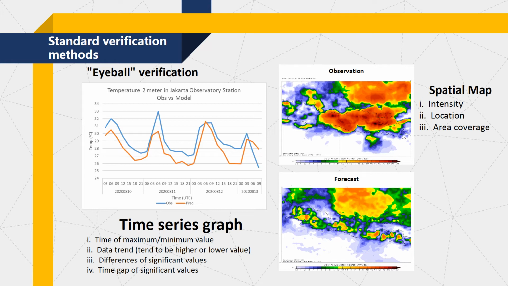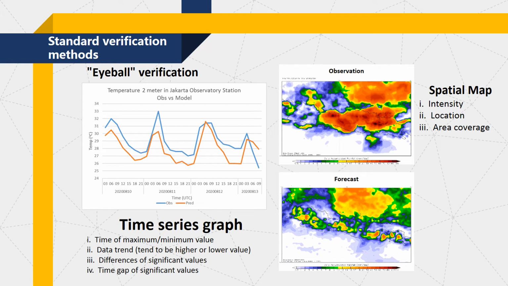It is different from the first point about time of maximum and minimum value, because in some cases, let's say in rainfall, we will have the significant value and maximum value in the same graph.